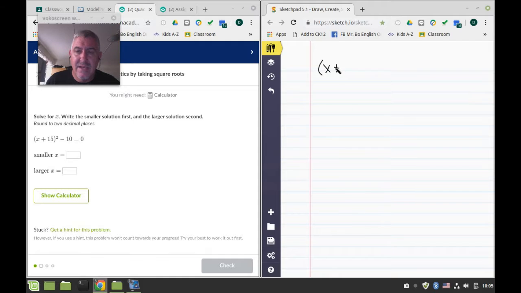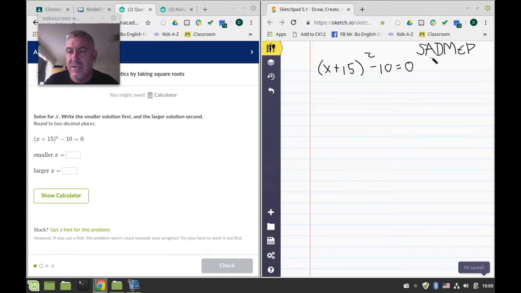we've got x plus 15 squared minus 10 equals 0. So my inverse order of operations. First step, step 1, add and subtract. So I'm going to add or subtract.